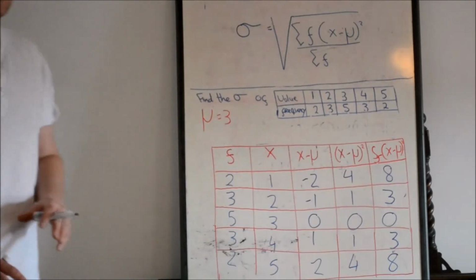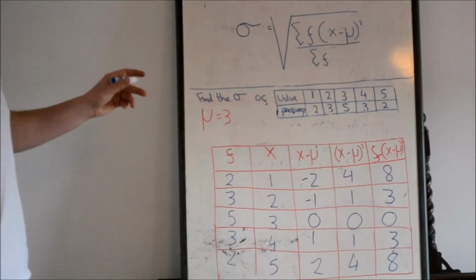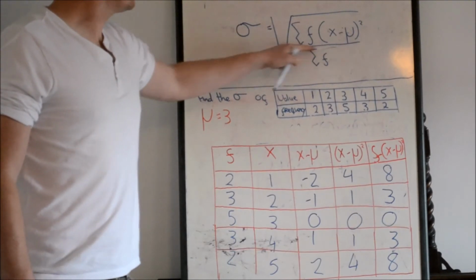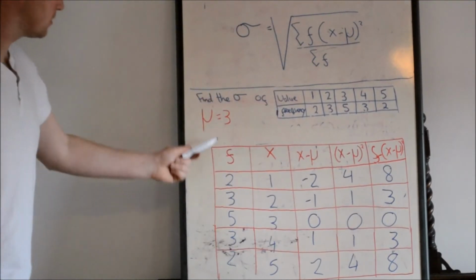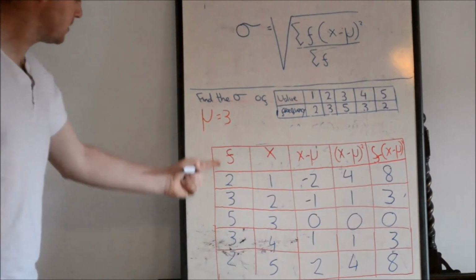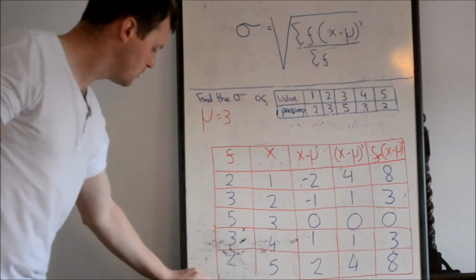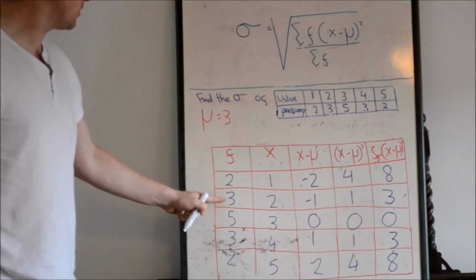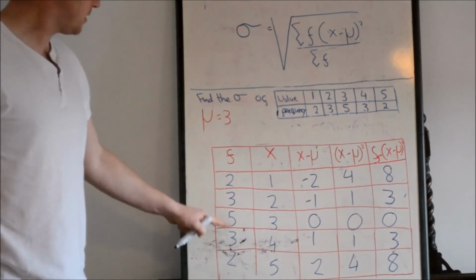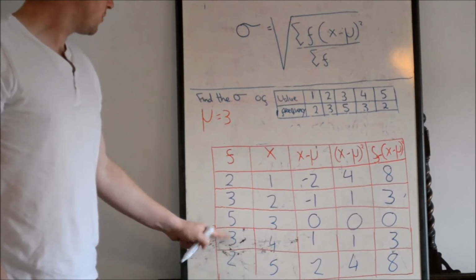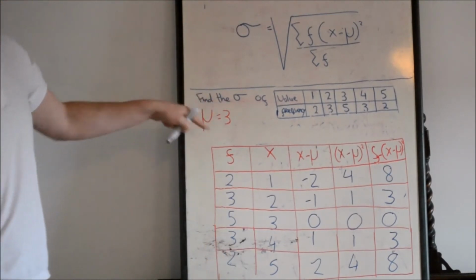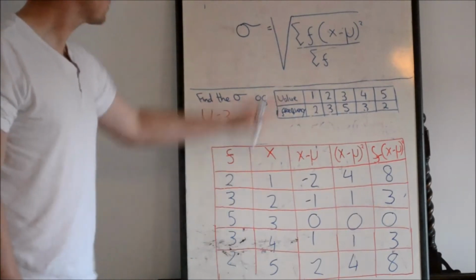So now our grid is done. Look back up at our formula. We want the sum of all the f's. Let's just add them up. 2 and 3 is 5, and 5 is 10, and 3 and 2 is 15, which we actually got already when we were calculating the mean.